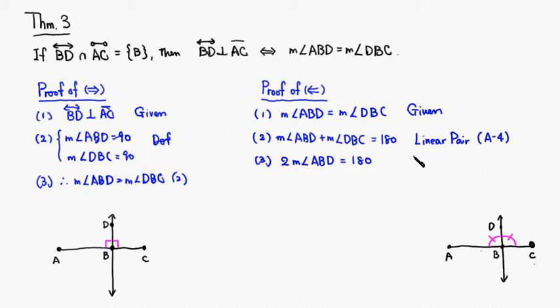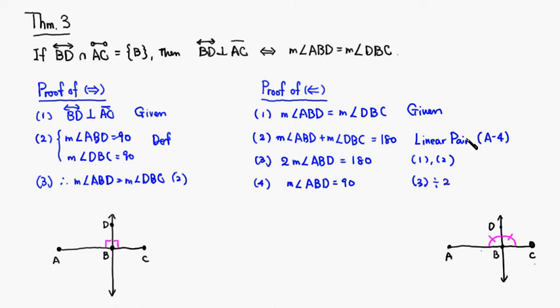Right, so this is just combining 1 and 2. Then we can just divide through line number 3 to get the measure of the angle ABD is equal to 90. Right, so I'll just divide, so 3 divided by 2.